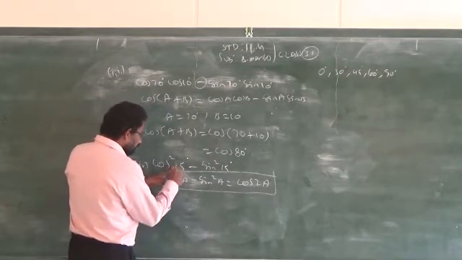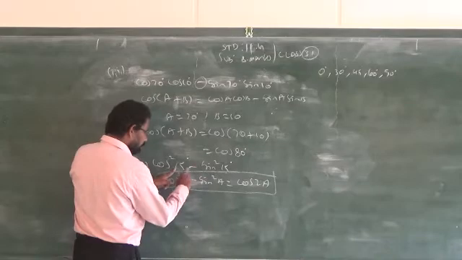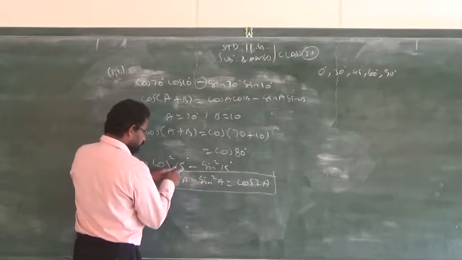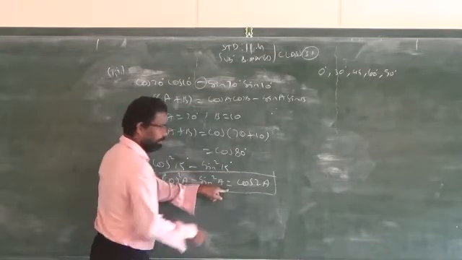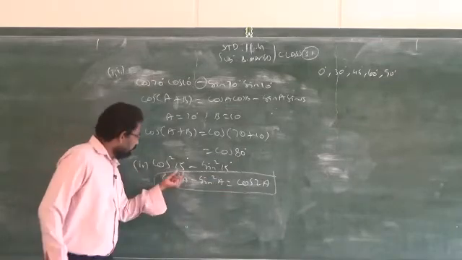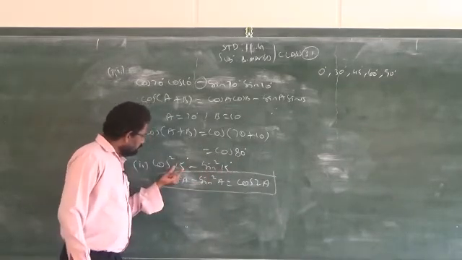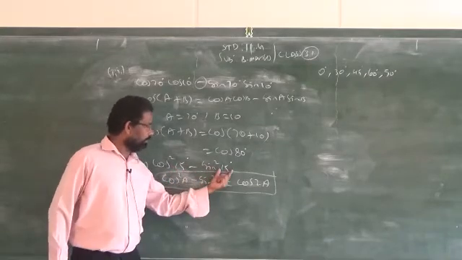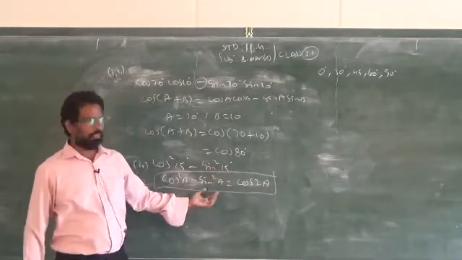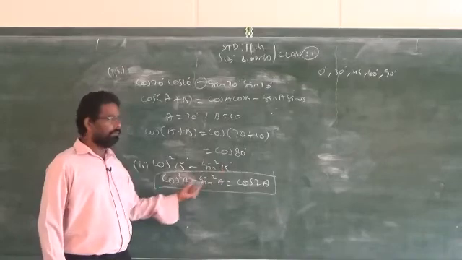Remember that the angles should be the same in both ratios. Here it is 15 degree and 15 degree. If it is given 25, or 35 degree here and 45 degree there, you cannot apply this formula.